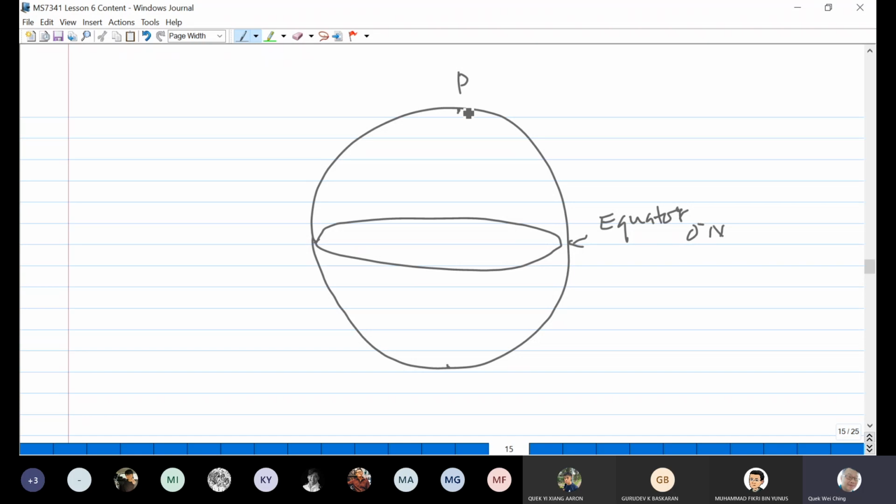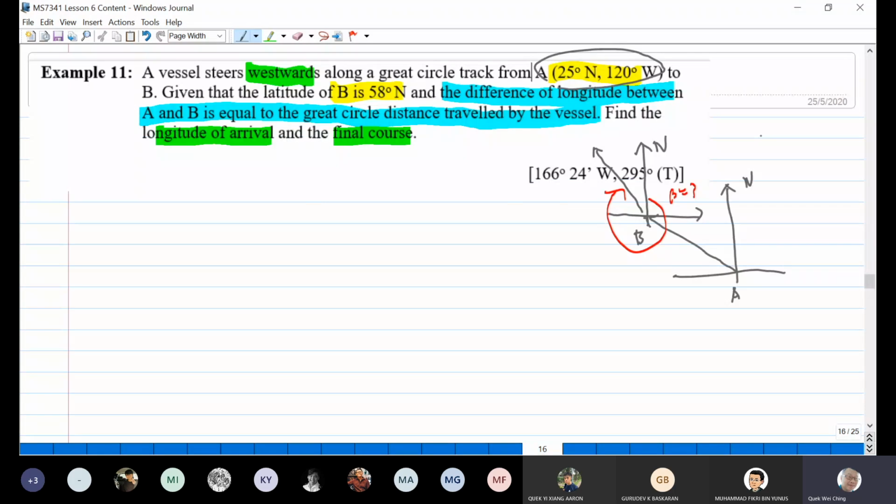Let's draw the location of A, somewhere like this. This is the meridian. The ship is at this line, 120 degrees west, from the diagram. A is 120 degrees west, and the latitude is 25 north.